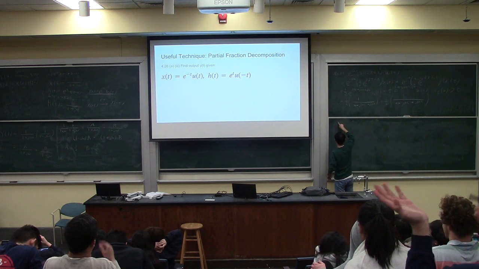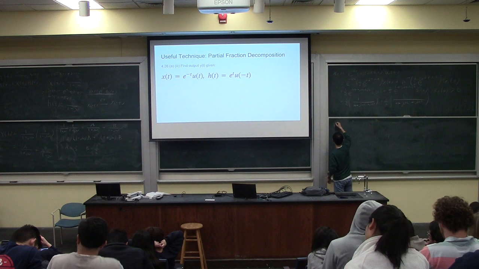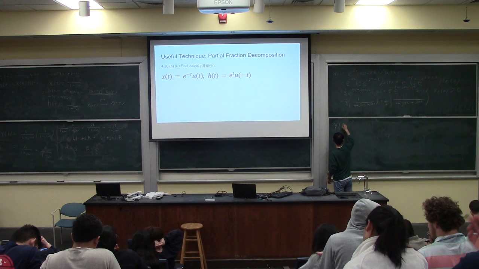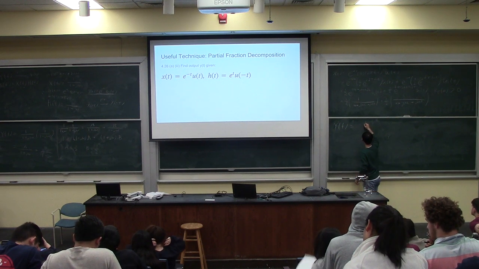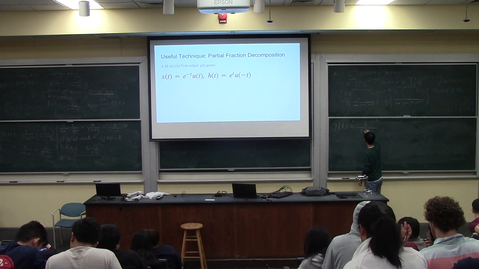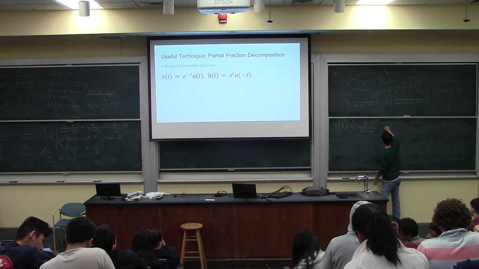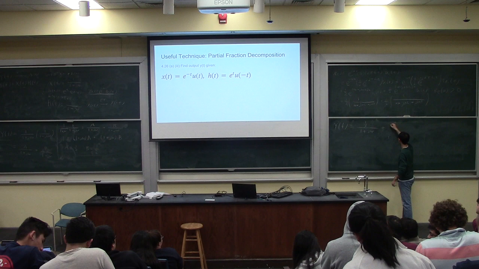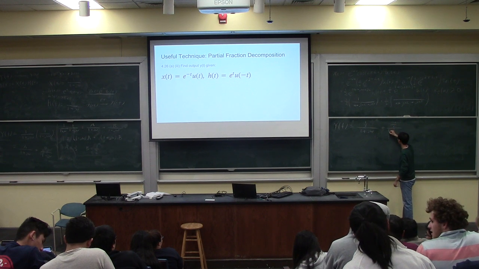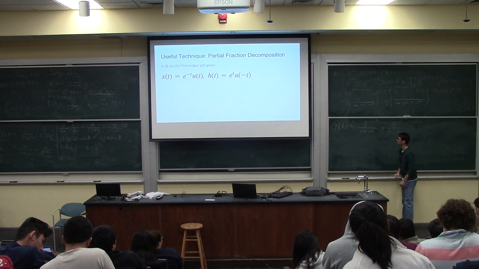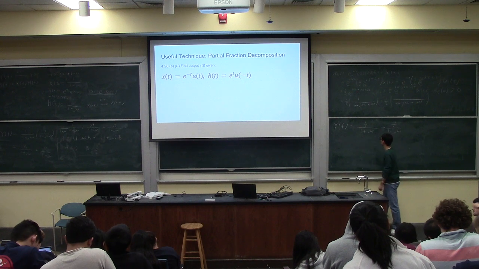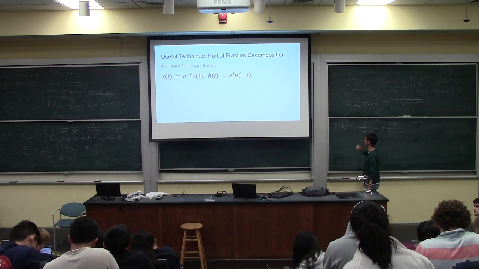OK, so now we have our y of f equals 1/2 over 1 plus j omega plus 1/2 over 1 minus j omega, right? Now we can just use our table.